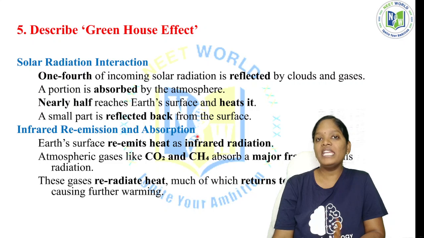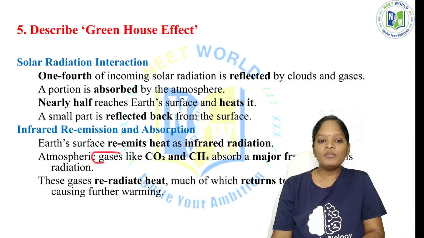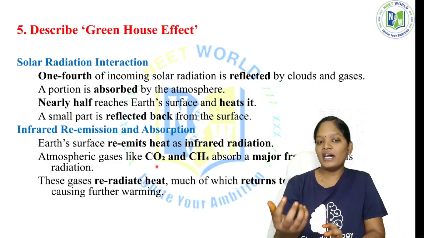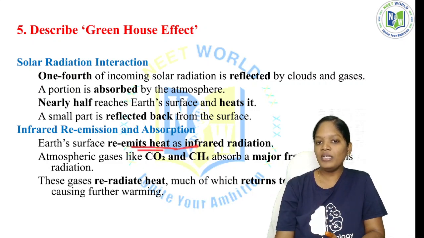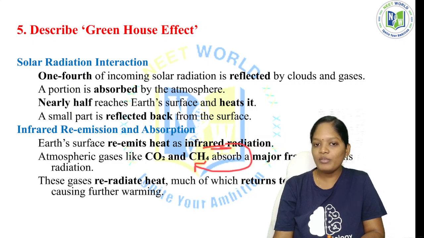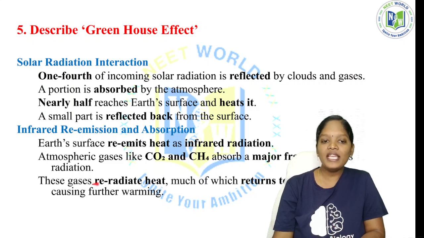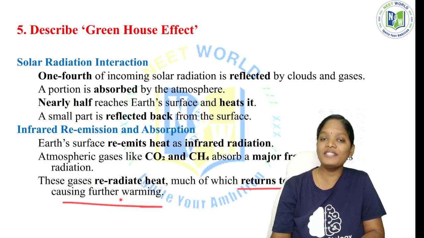Atmospheric gases like carbon dioxide and methane absorb a major fraction of this radiation. So the Earth's surface re-emits heat in the form of infrared radiation, which is absorbed by atmospheric gases like carbon dioxide and methane. These gases re-radiate the heat, much of which returns to Earth's surface and causes further warming.